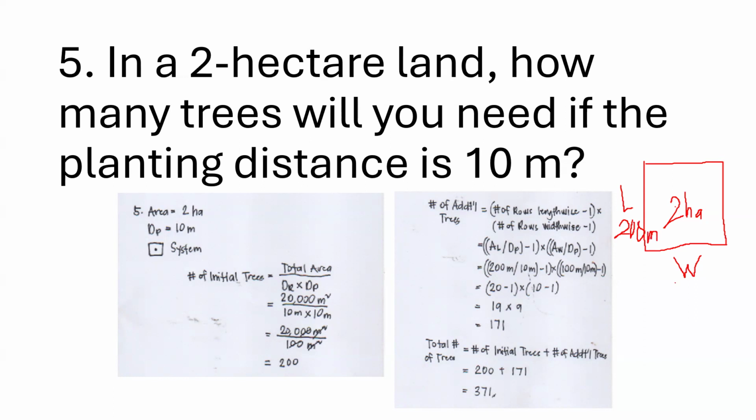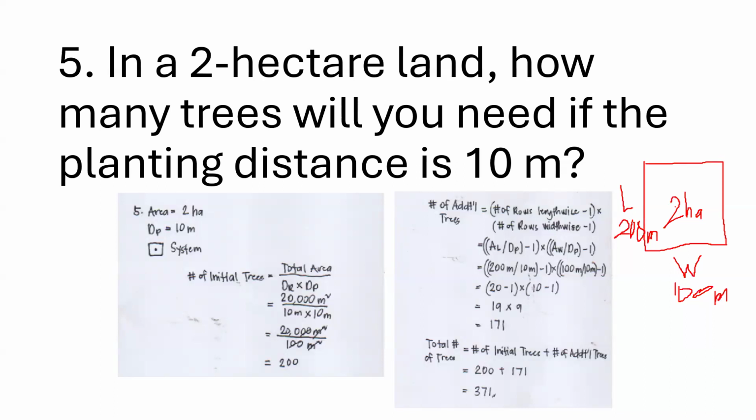Then our width is 100 meters. 200 meters times 100 meters equals 20,000 square meters or 2 hectares.